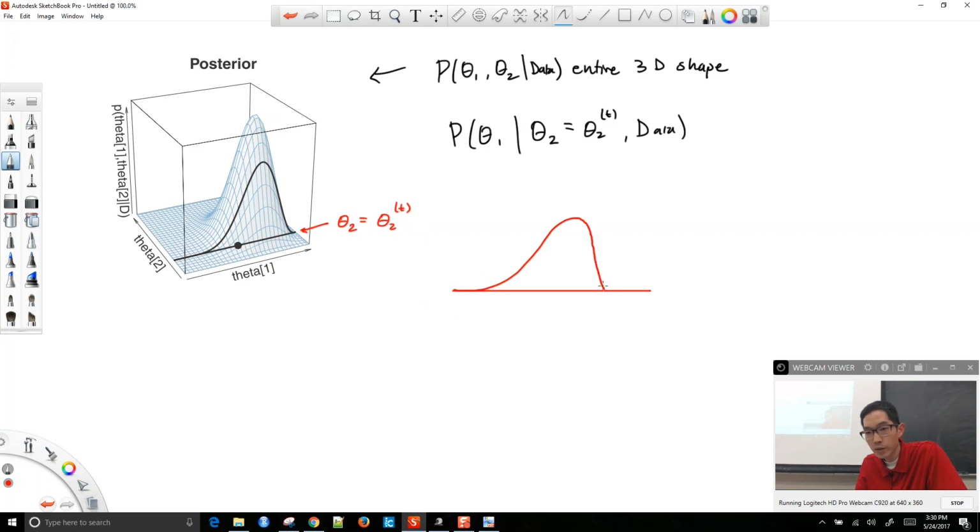So this is the probability of theta 1 given theta 2 equal to theta 2 at time t and the data. And if this is a known form, we can generate a random value from here. So we draw a random value from here.